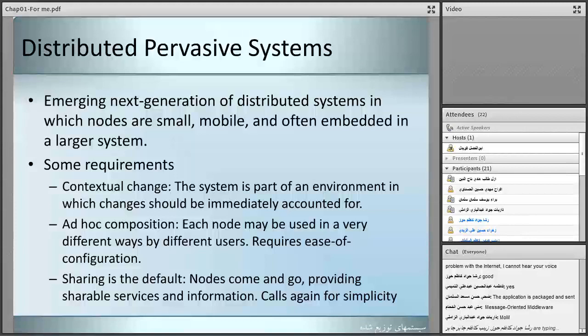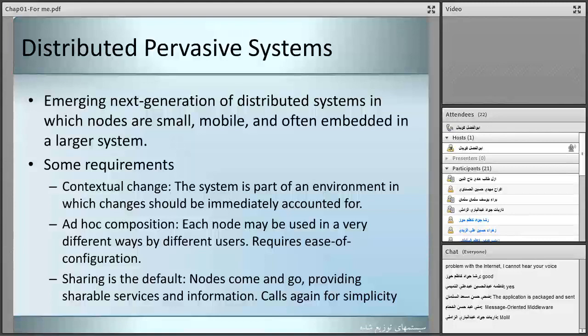Let me give you some examples. Pervasive systems or embedded systems usually use battery or some limited power resources, and also they connect to the network wirelessly.